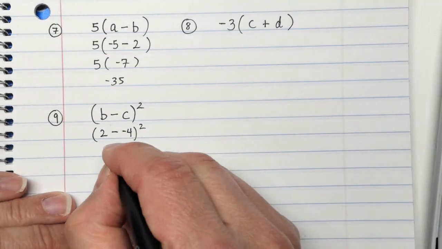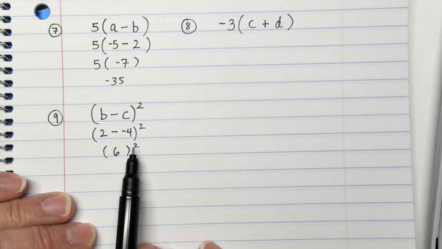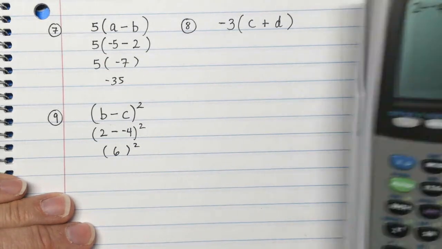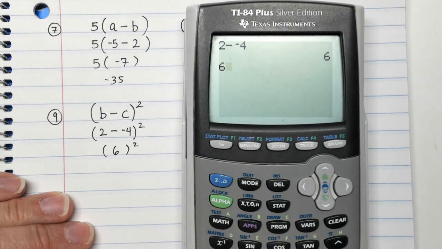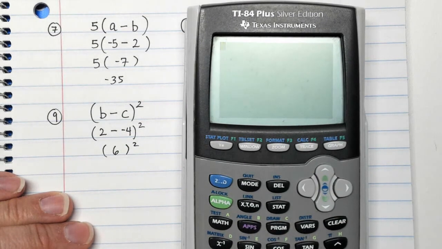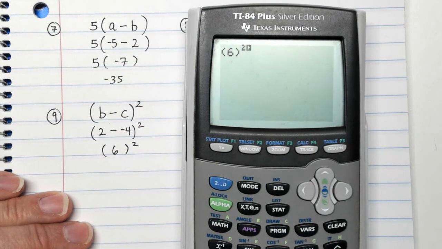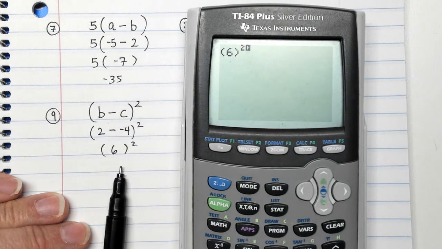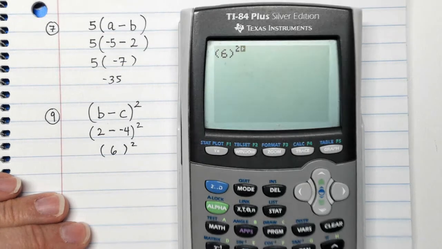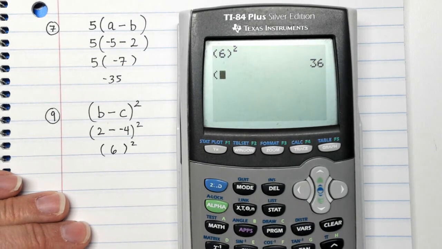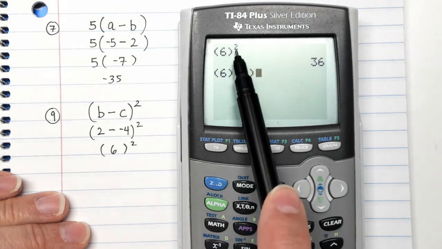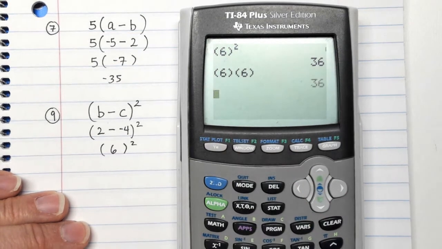Okay, and then 6 to the power of 2, or 6 squared. I said type it in exactly like you see it, so I should probably follow my own advice. That looks exactly like it looks on my paper. 36. Or you could have done this on your calculator, 2 factors of 6.